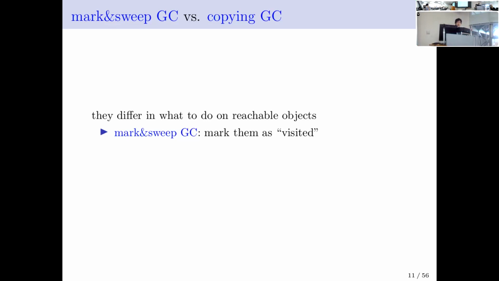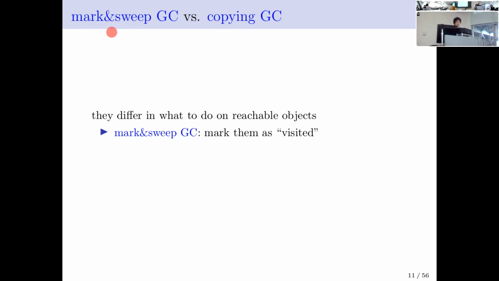So imagine you are asked to write a program that finds all nodes of the graph reachable from a particular starting node. This is what a traversing garbage collector is doing, after all.